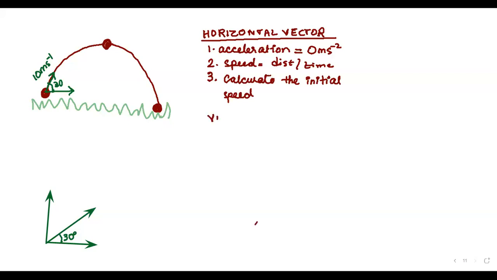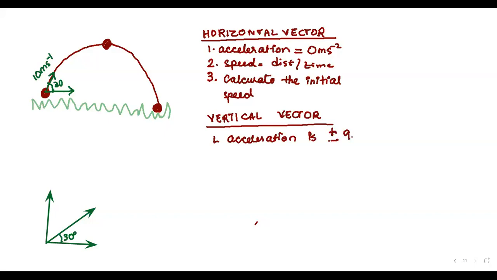Then we have the vertical vector. When I talk about the vertical vector, what are the rules that we need to remember? First of all, the acceleration is plus minus 9.81 meters per second squared.